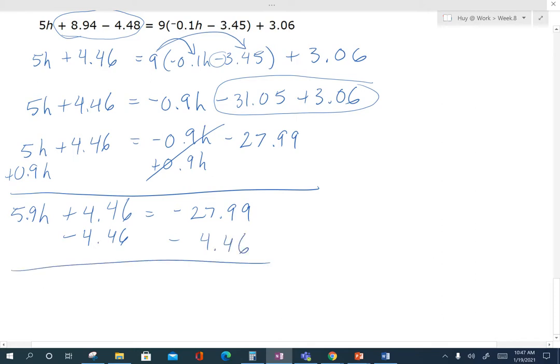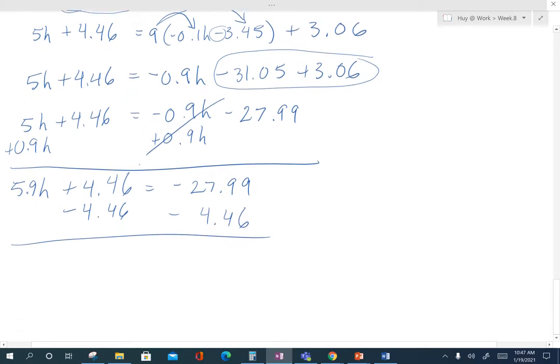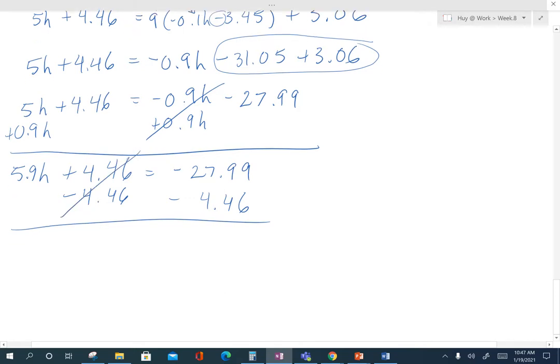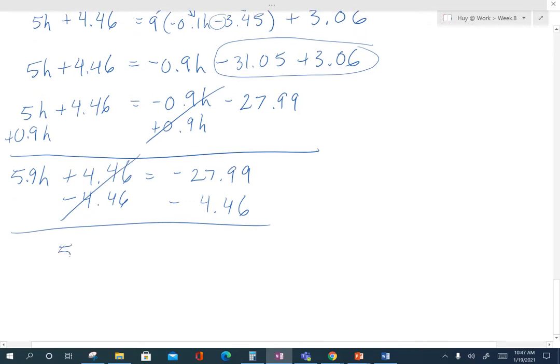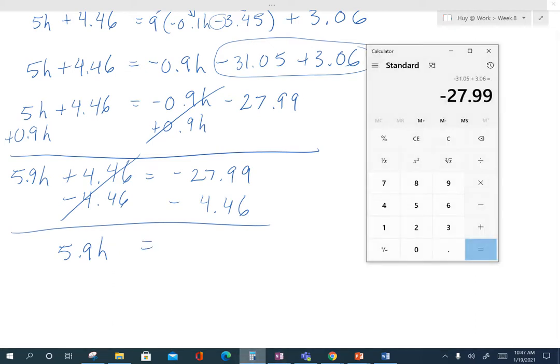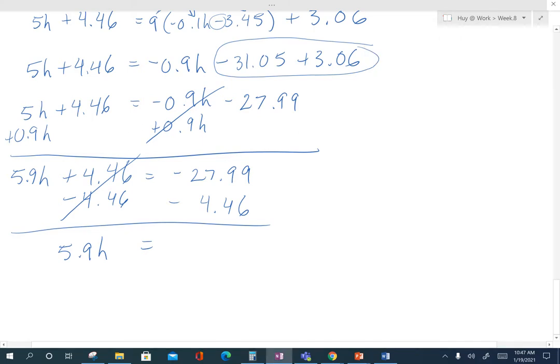So we're going to move the 4.46 to the other side by using inverse so that they cancel out. They form 0 there. 5.9h equals, we have negative 27.99 minus 4.46 equals negative 32.45.